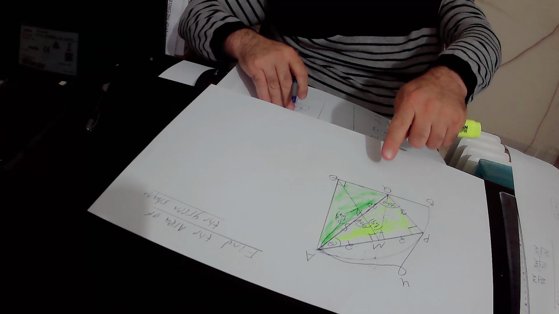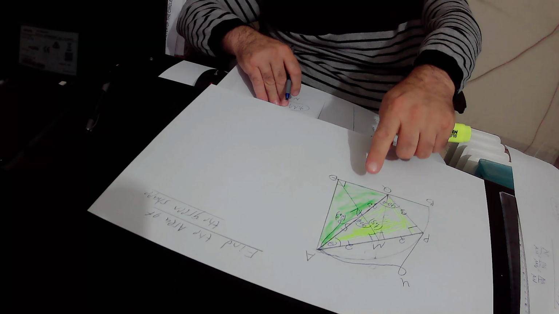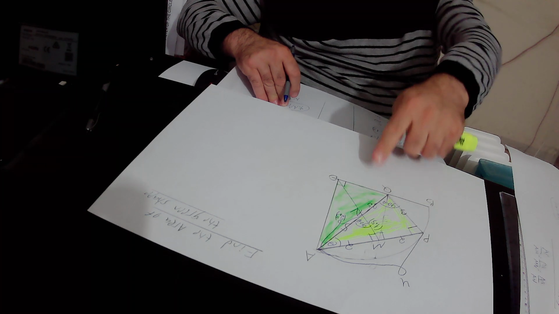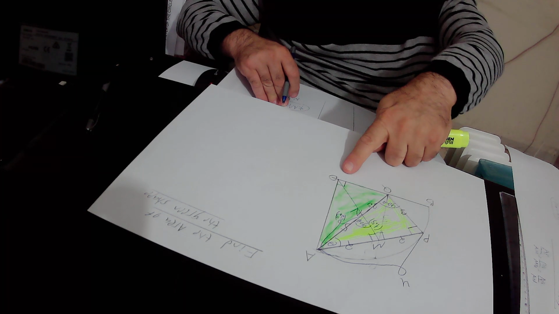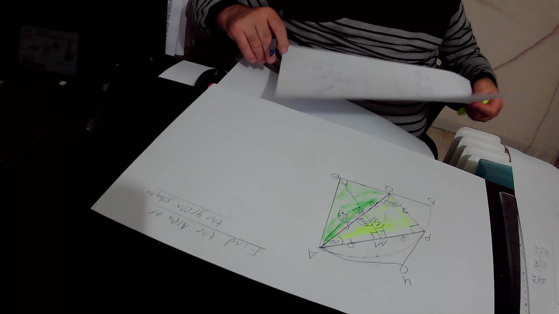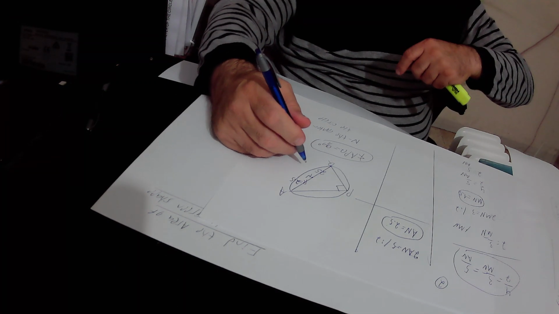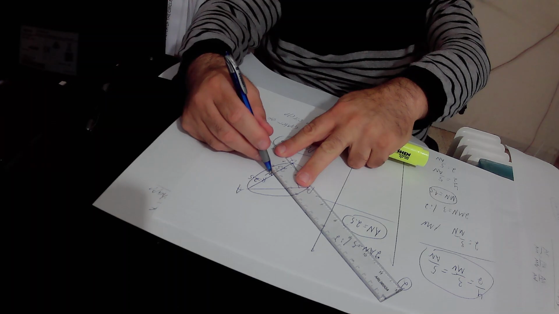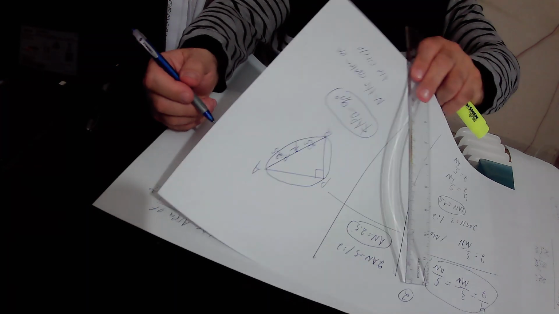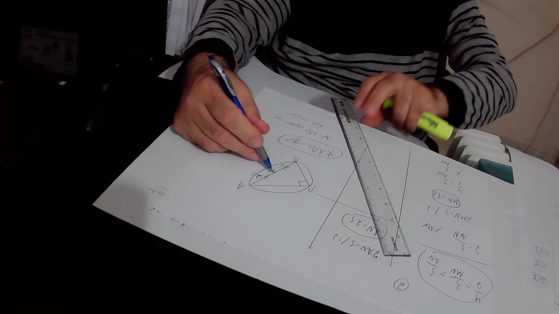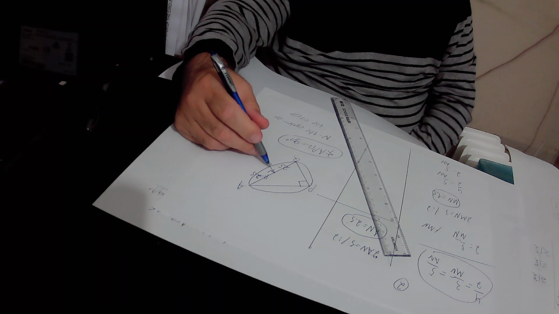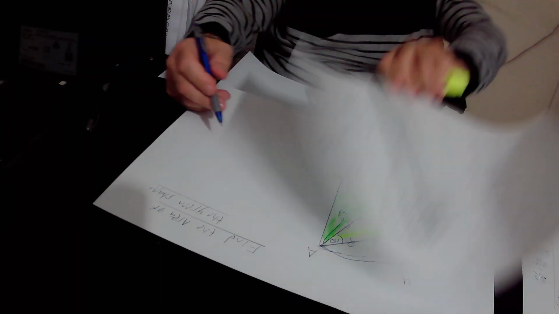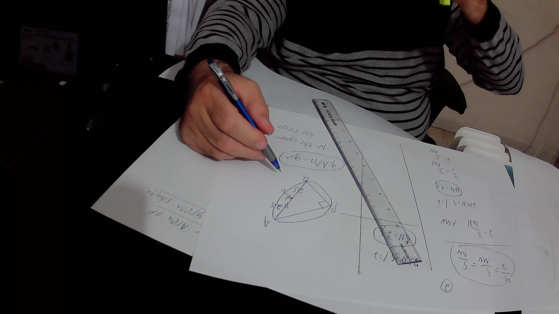And here, line segment NO starts from the center of the circle, that is point N, and ends at point O, that is the point on the circle itself.